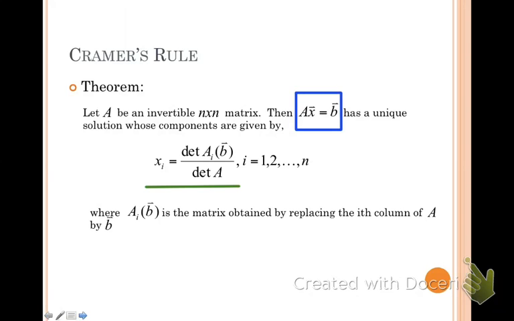A, of course, is the coefficient matrix in our linear system AX equal to B. So AiB is the matrix that you get when you take the matrix A and replace the ith column with the vector B. So for example, if we wanted x1, then we'd have x1 is equal to the determinant of A1B. That means B would replace the first column of A, divided by the determinant of A.